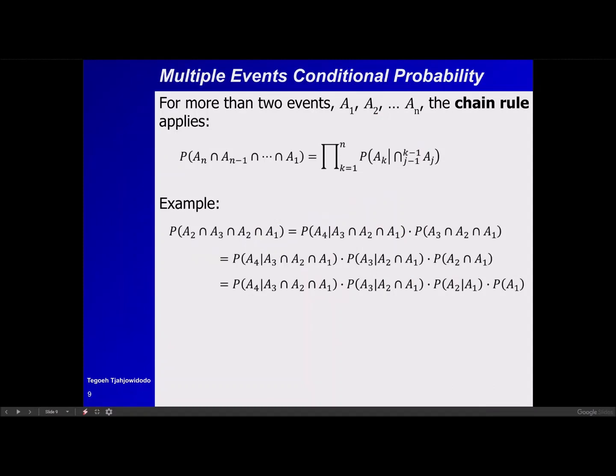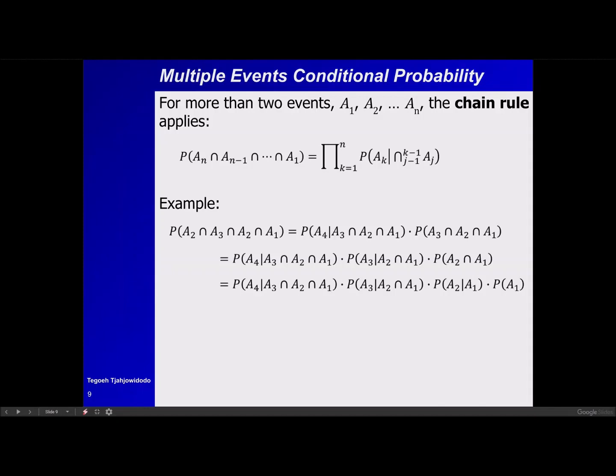To generalize the equation that we just discussed, what we have discussed till the previous slide is when we only have 2 events. What if we have multiple events, more than just 2?